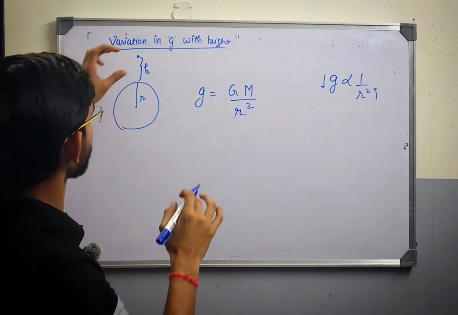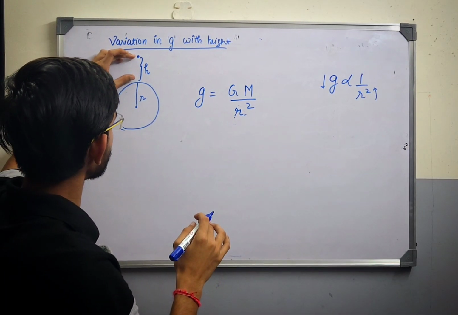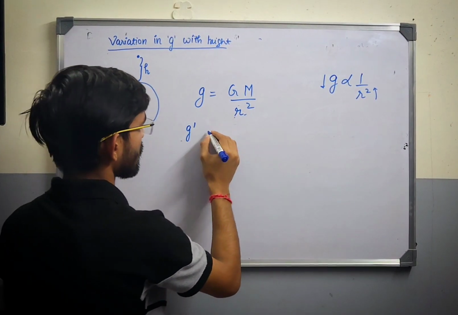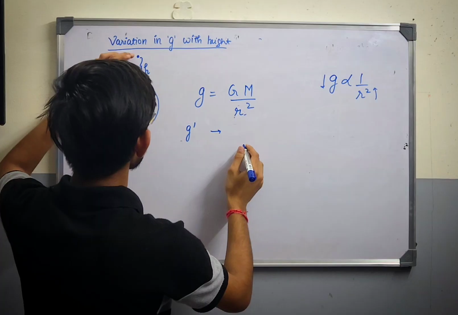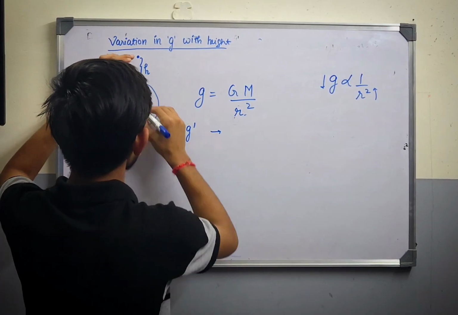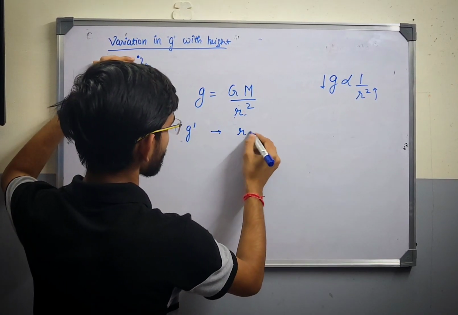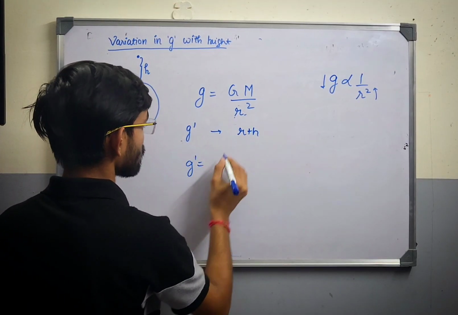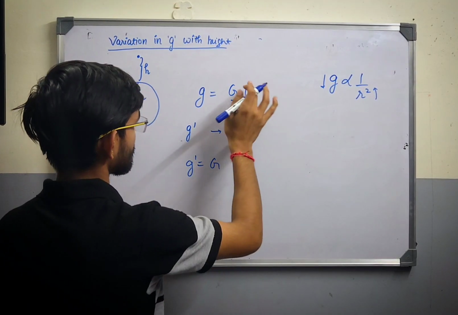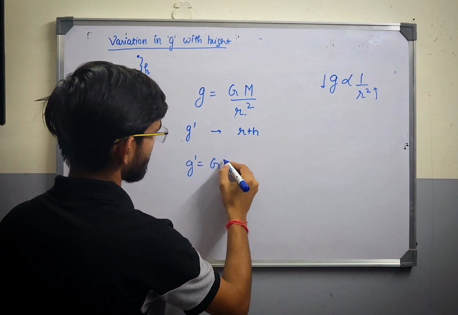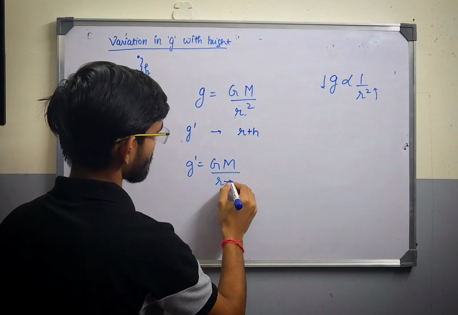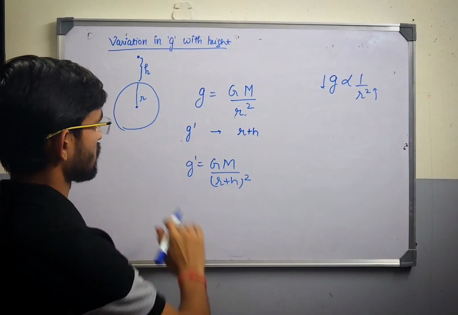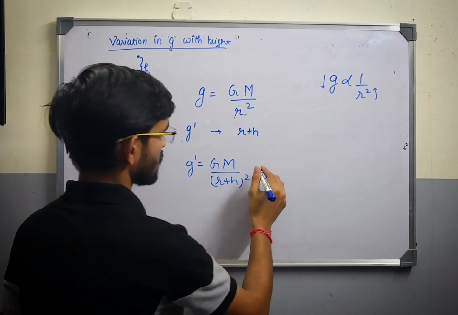Let's say acceleration due to gravity at h distance above the surface of Earth is g dash, and the distance between the center of Earth and the object will be r plus h. Now write the formula. g dash equals capital G, mass of Earth will remain the same, m upon r plus h whole square. This is the new distance between the object and the center of Earth.